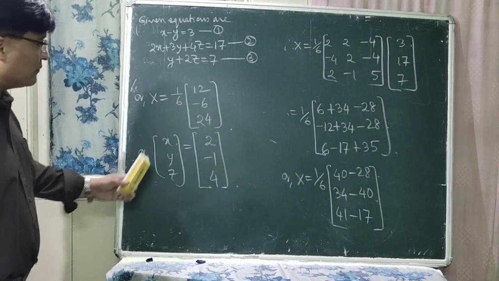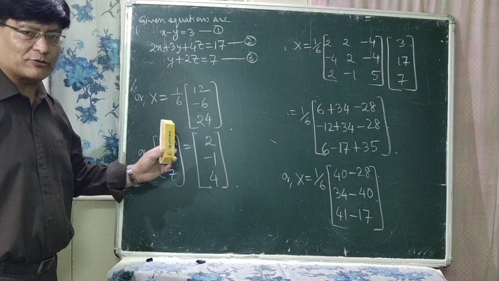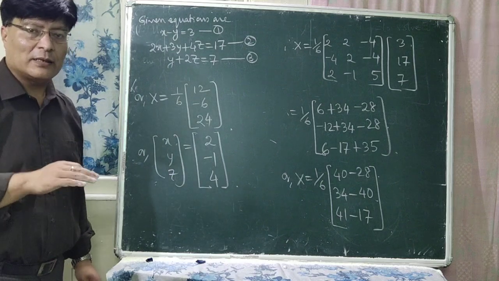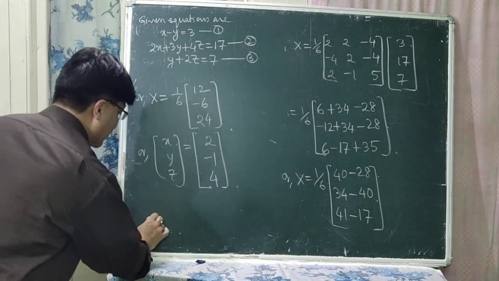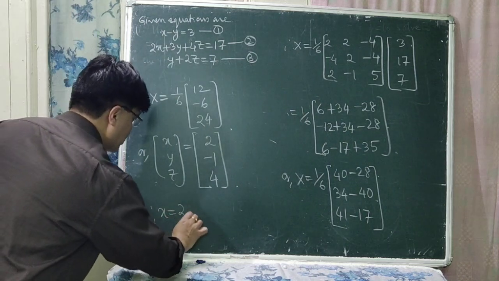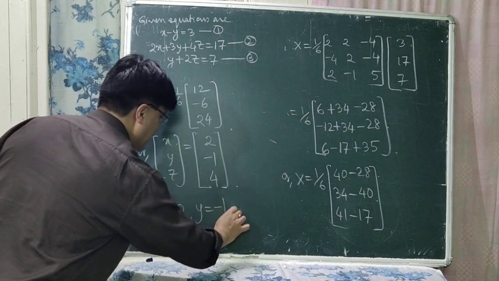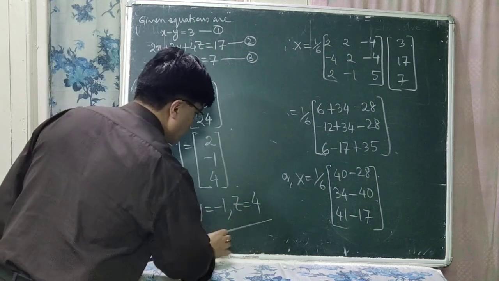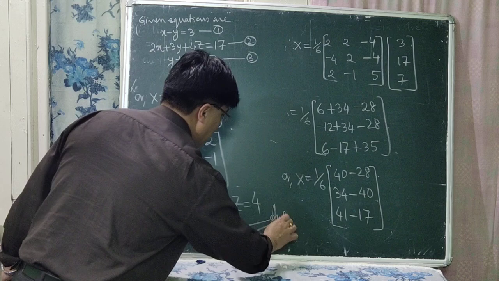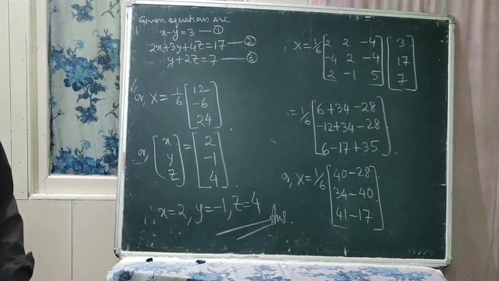So now, from the definition of equality of two matrices, you can equate the corresponding elements. That means x is equal to 2, y is equal to minus 1, and z is equal to 4. So this is the final answer.